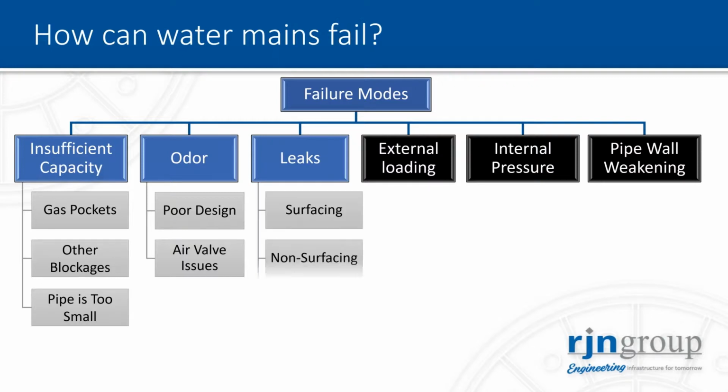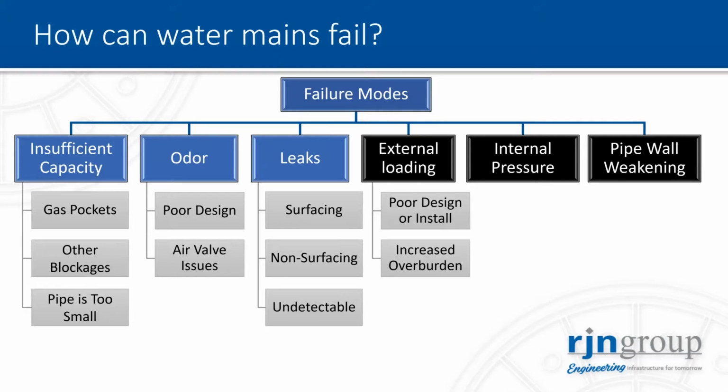Broken out leaks with surfacing and non-surfacing or undetectable leaks. We'll dig into each one of these in detail, the different types and technology to find these different types of leaks. With external loading, sometimes reviewing the design or taking a look at the installation practices to make sure that the pipe is in the right location in terms of bury depth.